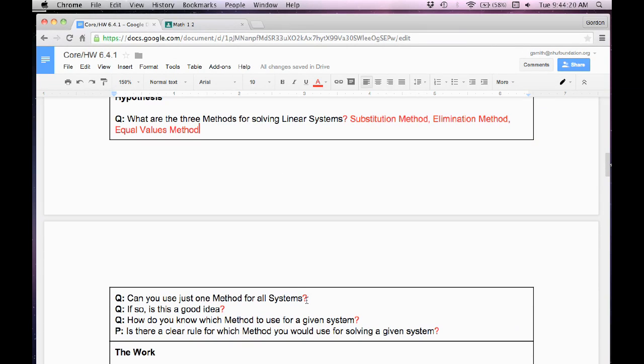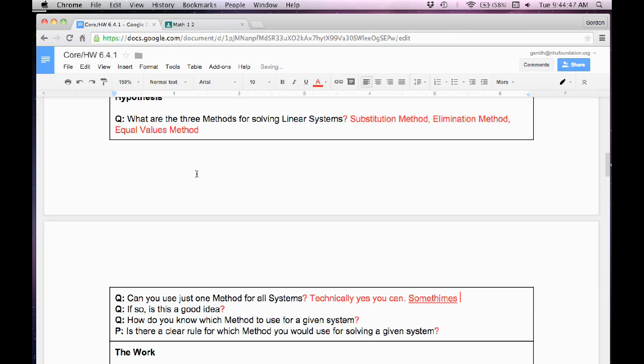Okay, can you use just one method for all systems? Technically, yes. You could just always use substitution or elimination or equal values. Technically, yes, you can. The trouble is that sometimes one method works better and sometimes another method works better depending on the system.